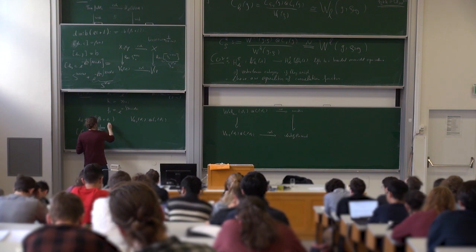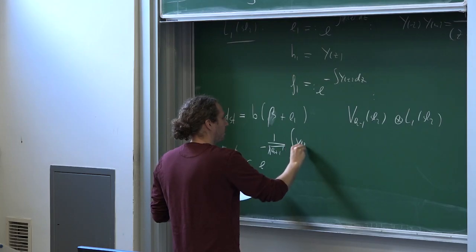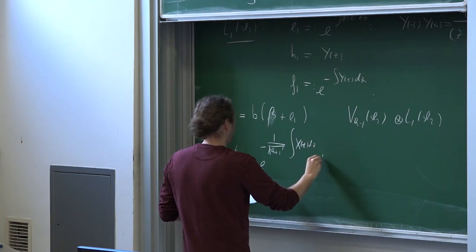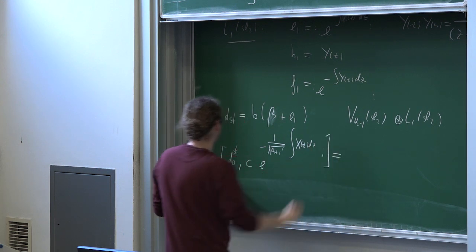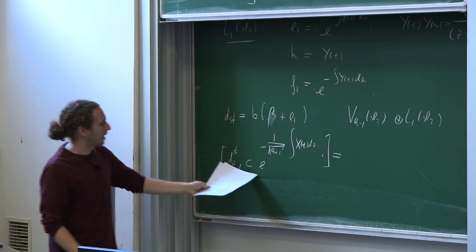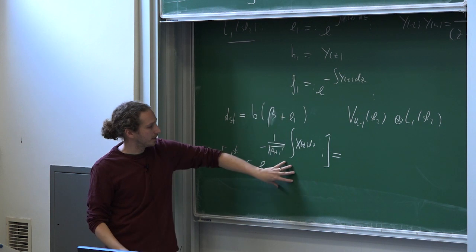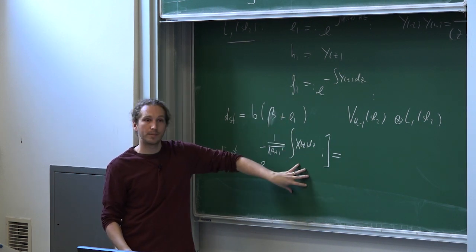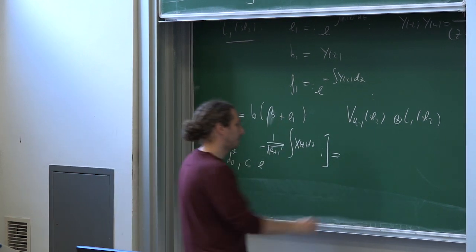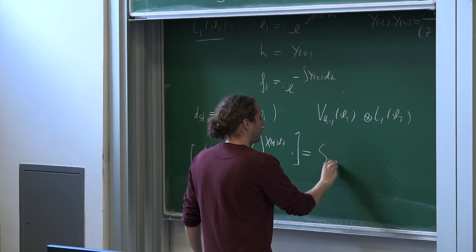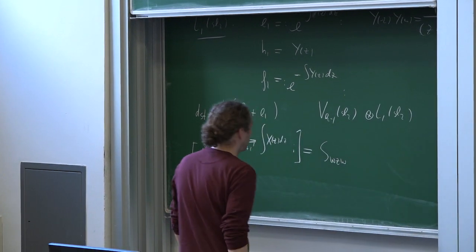So you see, even the computation is precisely the same. If I compute the action of D0, I again get beta times this exponential plus now E1 times this exponential.